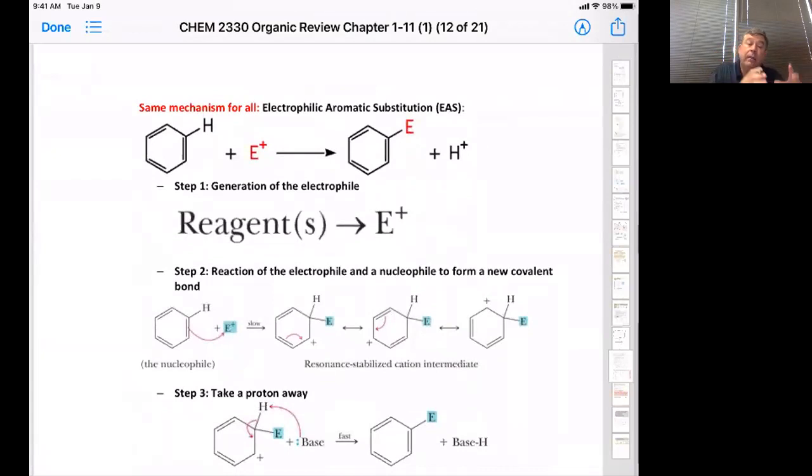Then the benzene ring acts as our nucleophile, reaches out and creates a new sigma bond, which is not very stable because it'd rather be aromatic. So it's going to move that positive charge around the ring until it can remove a hydrogen and re-aromatize. And that's step 3. So we have generation of our electrophile, which is always the positive charge, and then we re-aromatize.